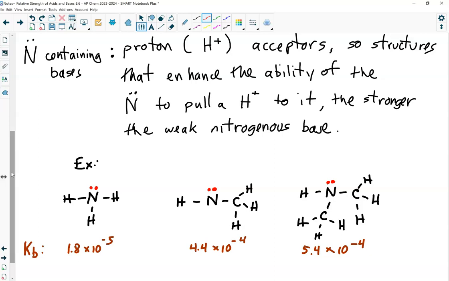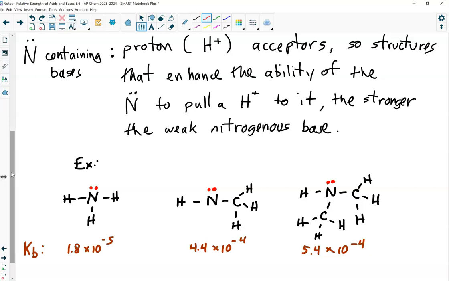Are you with me? So this nitrogen now is more electron rich because it has more atoms to pull electron density from. So this nitrogen will be more appealing to a hydrogen that wants some more electrons. Here, now you have 2 carbons and 6 more hydrogens that can provide some electron density to this nitrogen, which makes it more appealing to a hydrogen that wants some more, right?